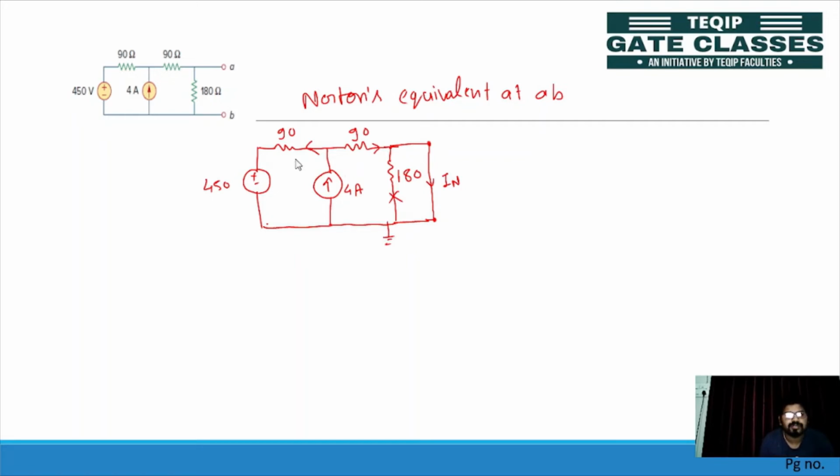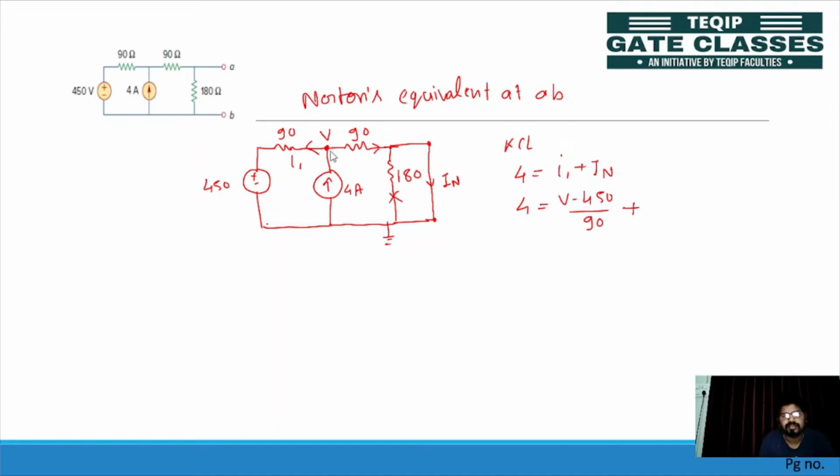Okay, suppose there is a current I1. So apply KCL at this node. Let's say this is V. Okay, so KCL: incoming current is equal to 4 ampere, outgoing current is equal to I1 plus IN. Okay, so 4 is equal to I1, which is V minus 450 by 90, plus IN.